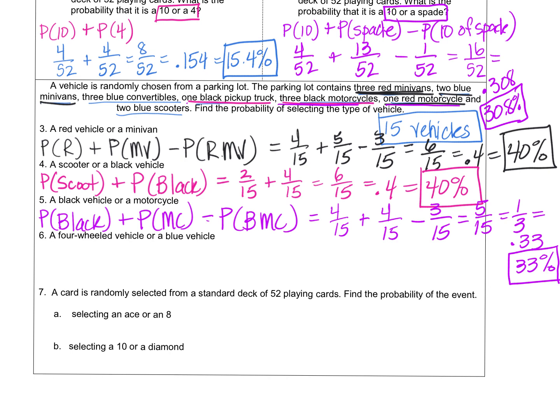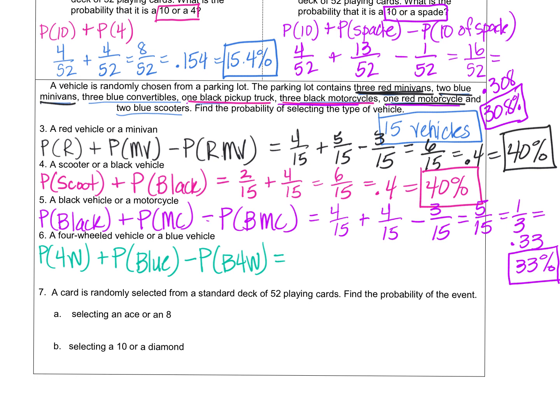All right. Now we have a 4-wheeled vehicle or a blue vehicle. So what is the probability of choosing a 4-wheeled vehicle or choosing a blue vehicle? Are there any blue 4 wheels? Yes. So then I'm going to have to subtract the overlap. So blue 4 wheels.